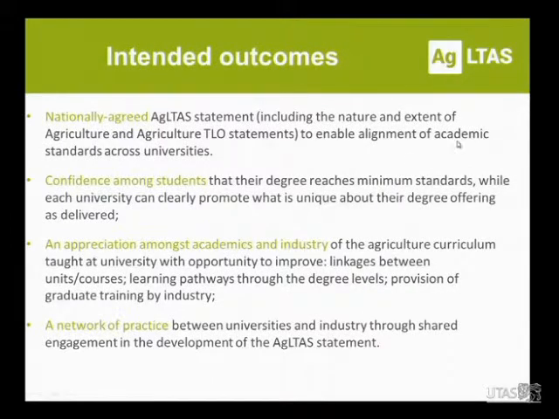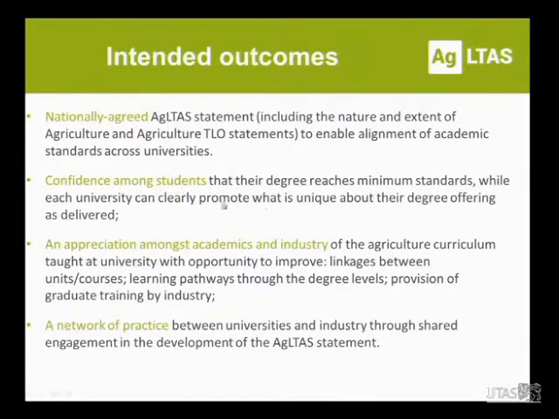What we proposed to do with the project for the Office for Learning and Teaching was to develop a nationally agreed Ag LTAS statement. That includes two components: the nature and extent of agriculture, so what the discipline actually is, and the statements themselves. That meant we could have this discussion using a common framework about standards in the universities that taught agriculture nationally.